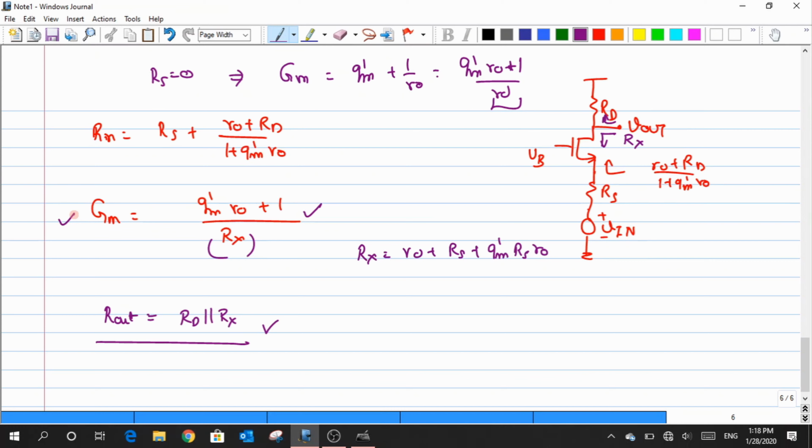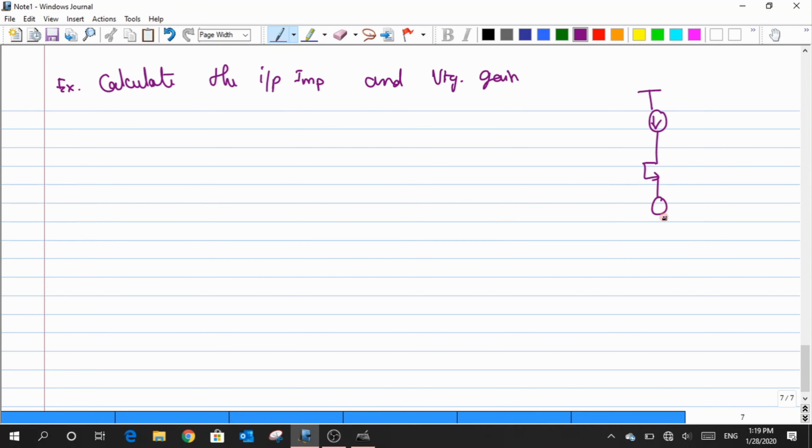Now let us try to compute a simple exercise. So this is an ideal current source and you are trying to apply an input and you are tapping the output over here.